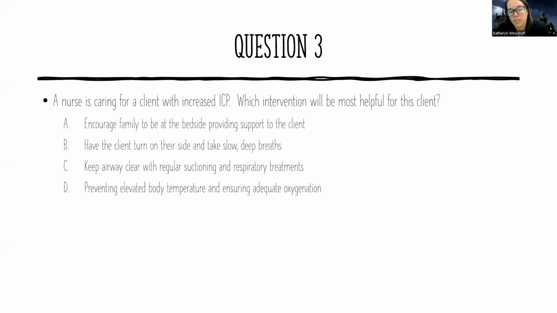Slow, deep breaths sounds good, but I really have to think about, with increased ICP, what things are going to irritate or agitate the client. And is turning on their side and taking slow, deep breaths really going to make a difference? I like that they're maybe getting off some CO2, and I'm doing some relaxation, but I don't know if all that stimulation is really going to be that helpful for them.